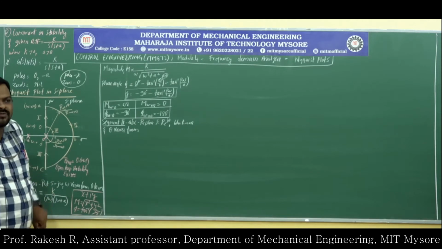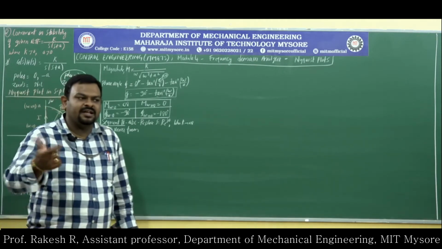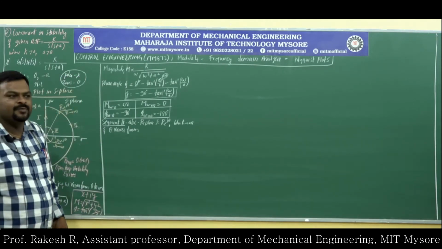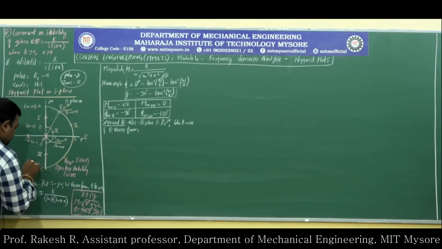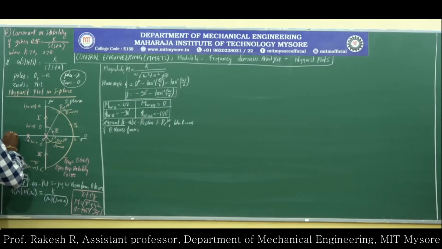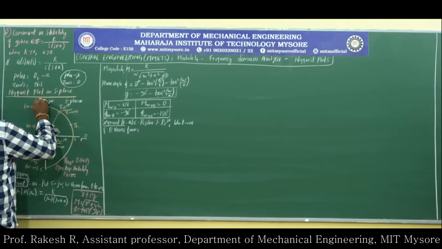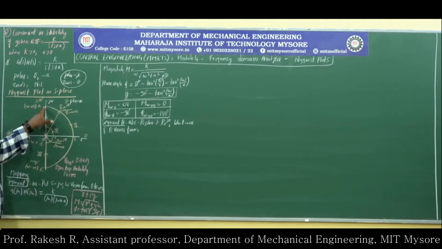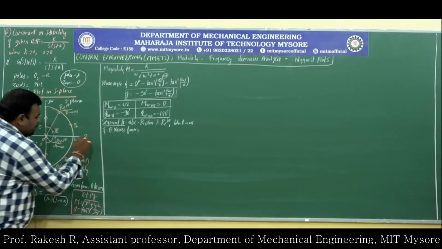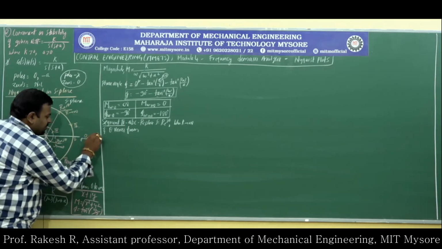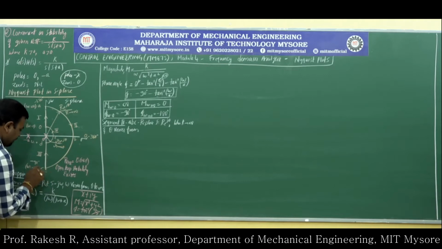Since it is going clockwise, you have to measure angle in negative. So this is 0, this is minus 90, this is minus 180, and this is minus 270. See here, now the angle is starting at minus 270, next minus 360, then minus 450.